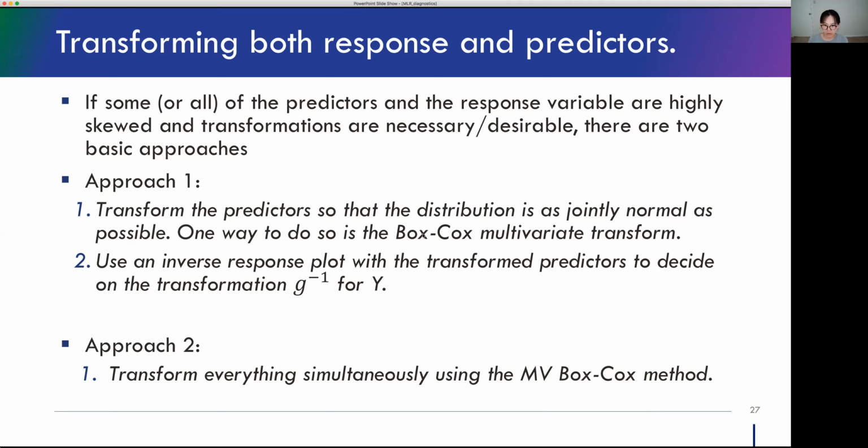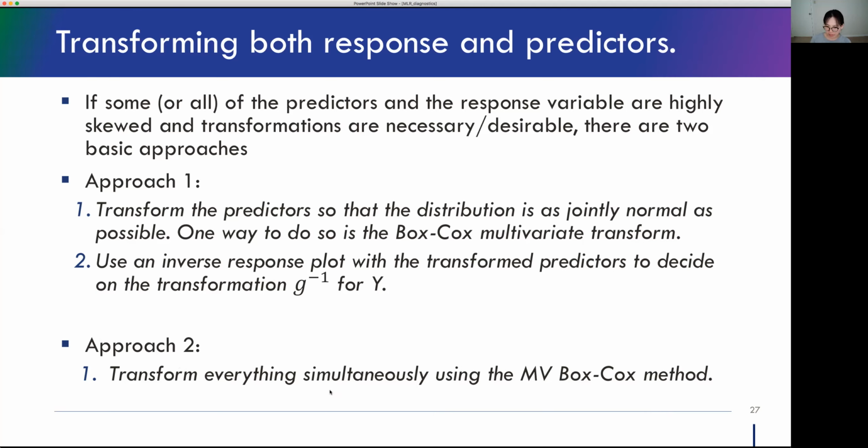So we will learn how to do the Box-Cox multivariate transformation. And after we do the transformation on predictors, we do an inverse response plot with the transformed predictors to decide the transformation for y. So two steps. Or we can use this approach too, which seems simpler.